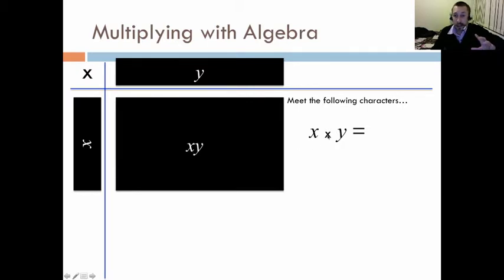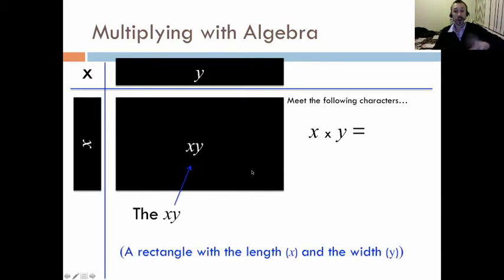Now, if you have a look here, what we've essentially just done is gotten rid of this little times part here. And we can actually write it also as a yx. It doesn't really matter what order we have it in, because if I had y going down this way and x going this way, it's going to be the same thing, just the shape will be rotated around a little bit. So, like I said, this is called the xy, or we could also call it the yx. And basically, this is a rectangle with the length or the height of an x and the width of a y.